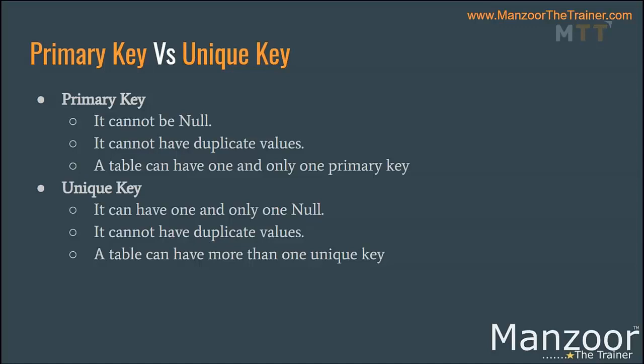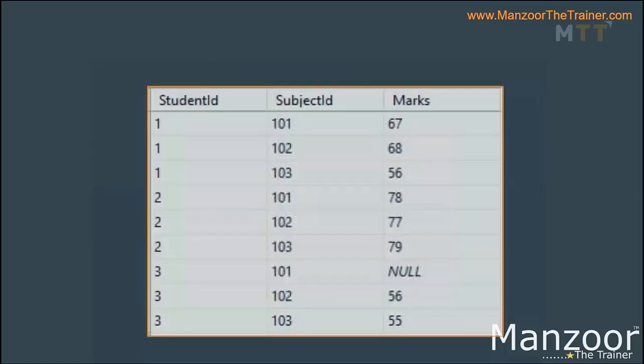Is this clear? So I hope you have understood primary key. Now, do you see a table with some information? Student ID, subject ID, and marks. Is this data meaningful?